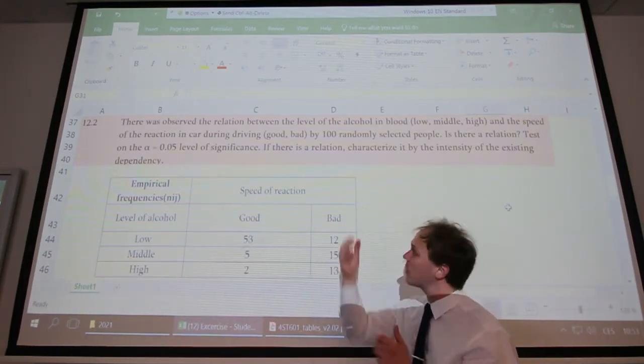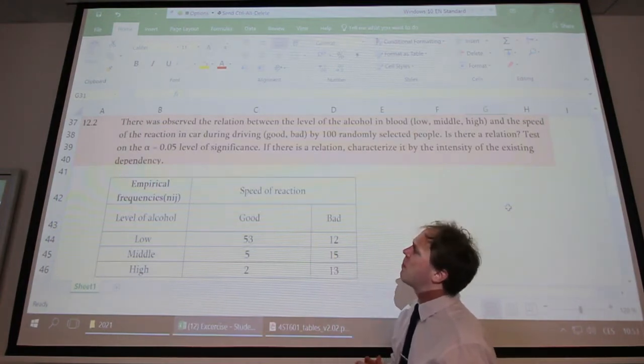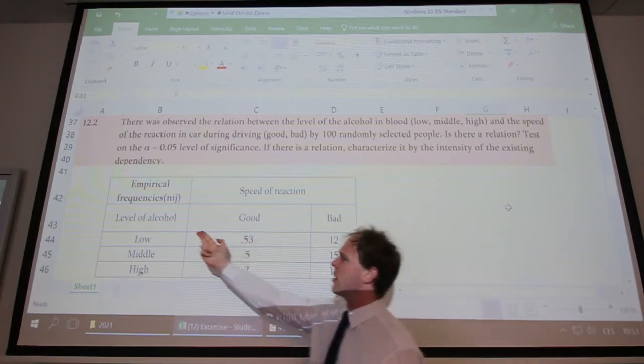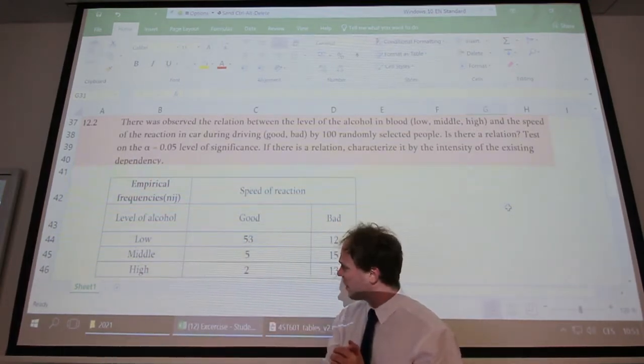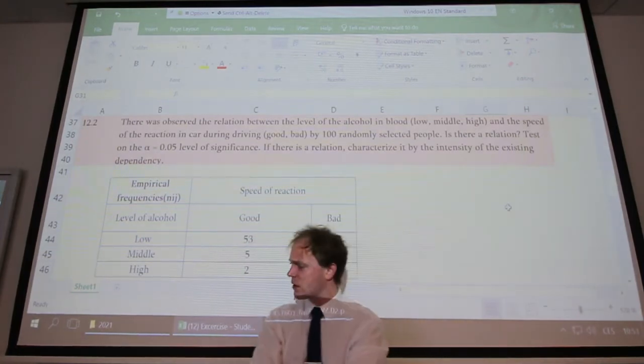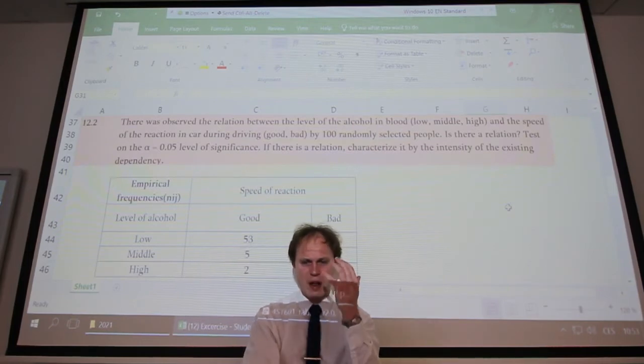So I will return one more time to our well-known example about the speed of the reaction and the level of alcohol in blood. We talked about how in many countries in the world it's prohibited to drink before driving, yes.